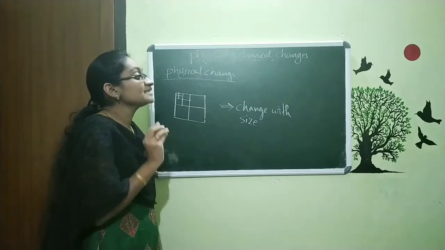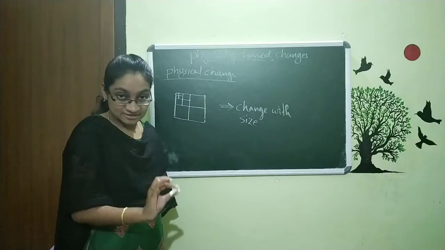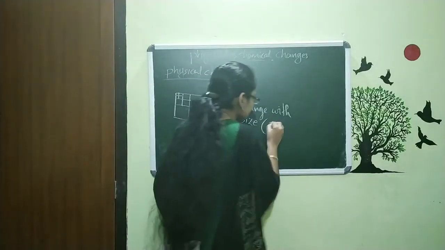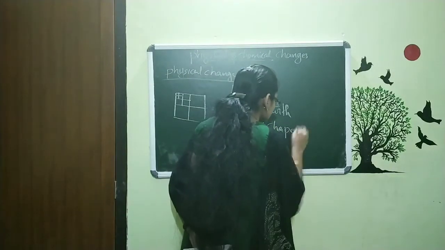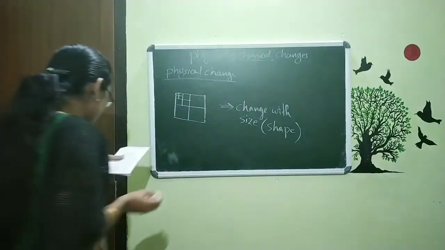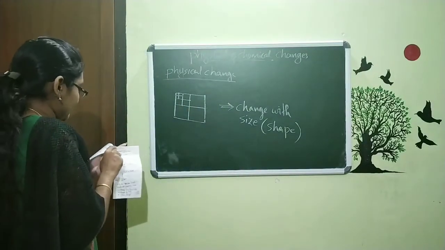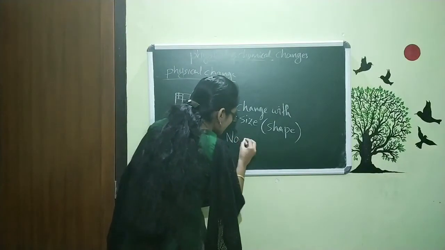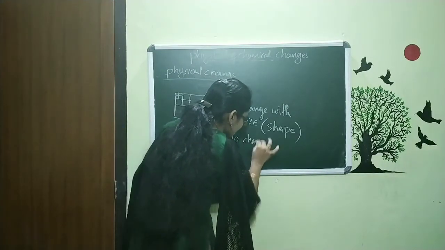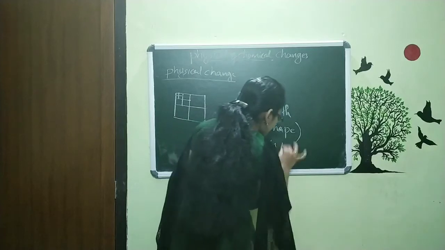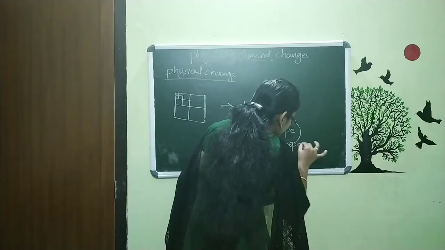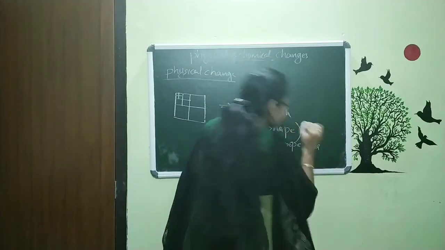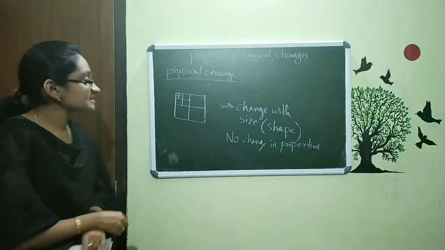Here we can only see the change in the size, or we can say the shape. So that is the first example, and we can say no change in the properties.